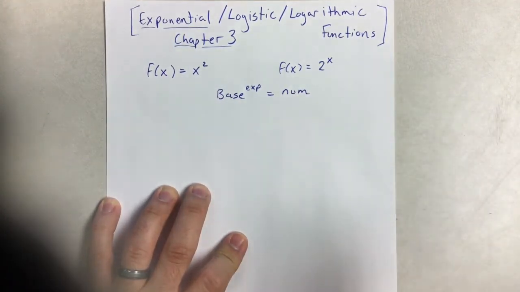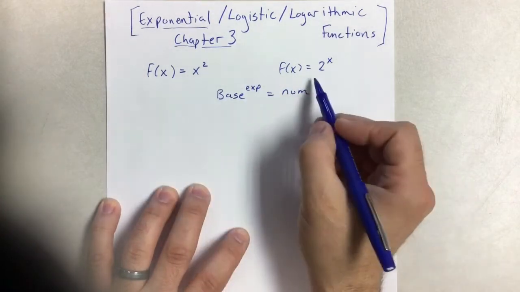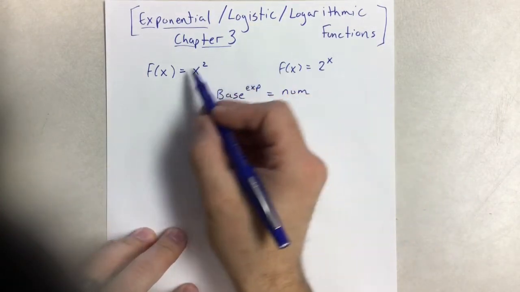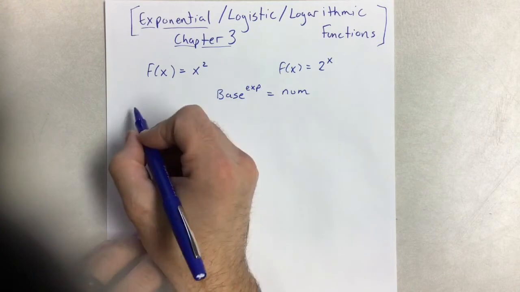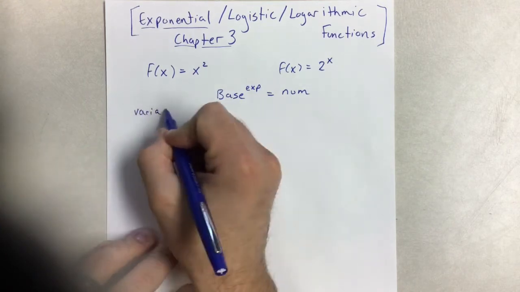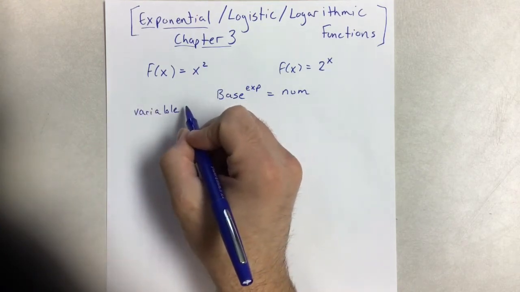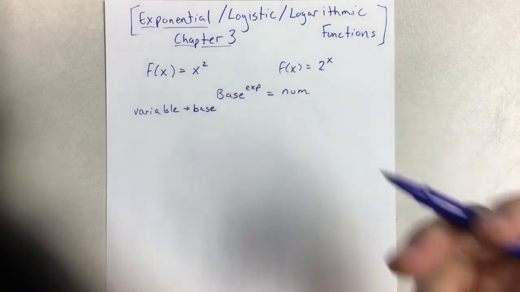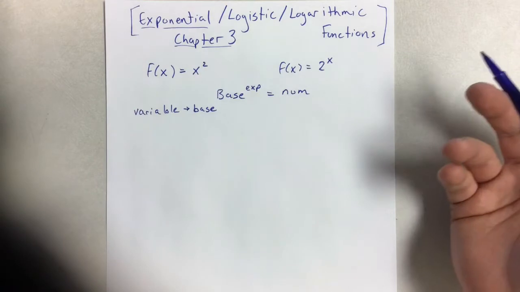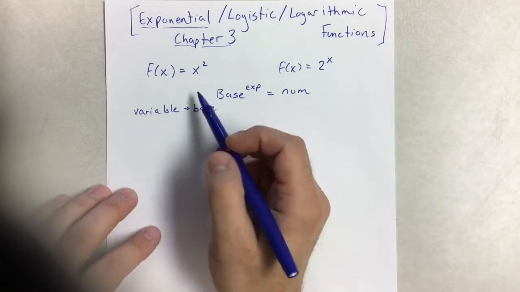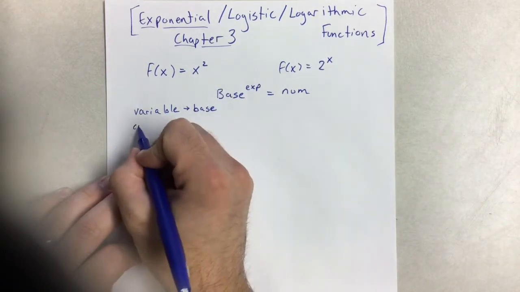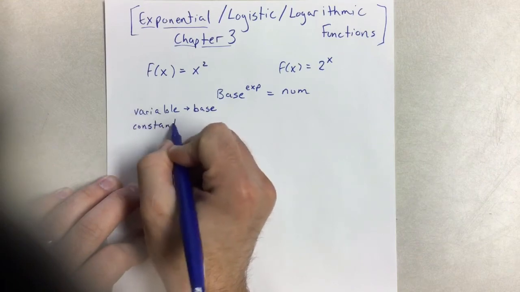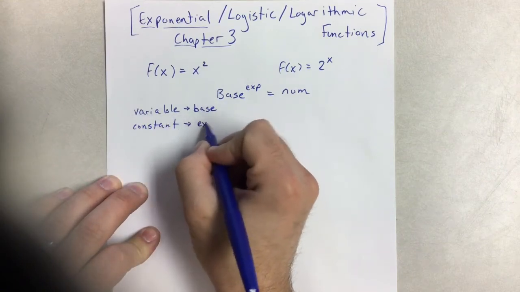And the difference with these two is that what we were just coming from, we had a variable as our base. So we had x cubed, x to the power of 4, 5x squared. Everything had a variable as the base and some constant as the exponent.